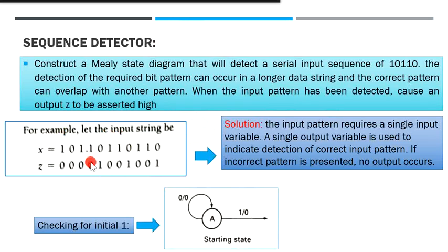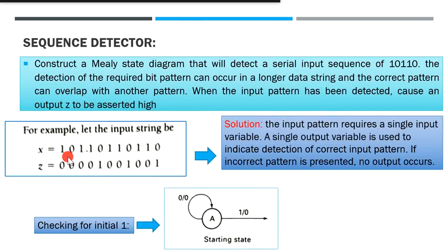In order to understand this, we will consider an example of an input string, meaning input sequence, which is given by the variable X, and Z corresponds to the output.